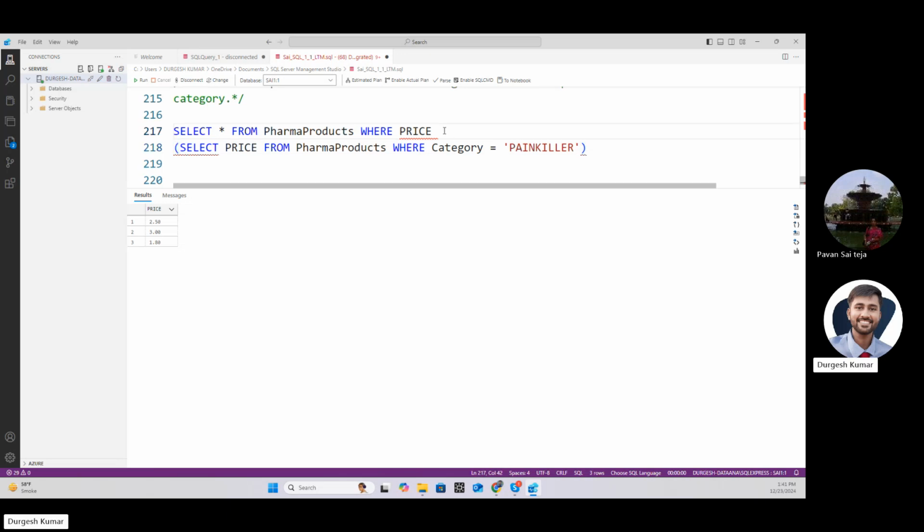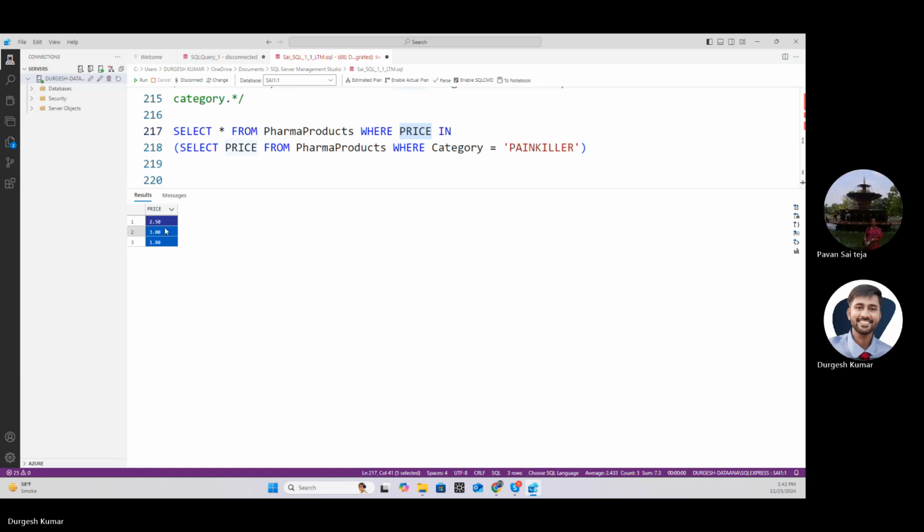Now write in. There are two ways to solve this question. First by in, which defines: find all the products from this particular table where prices are in this list. Making sense? Yeah.